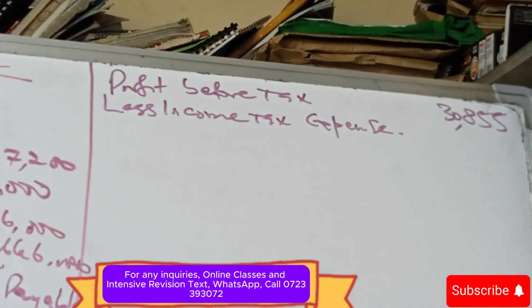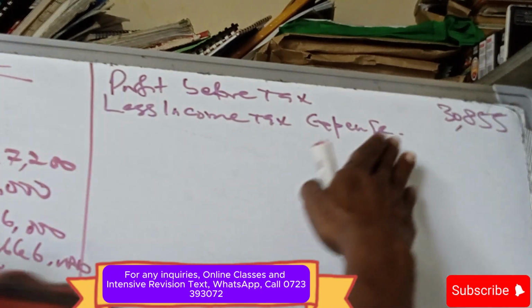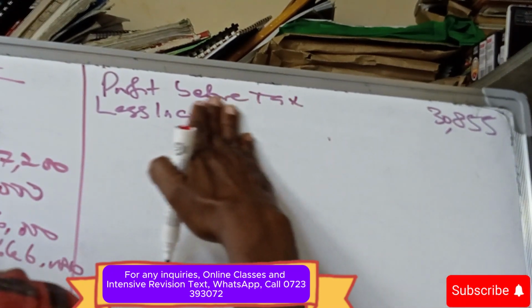If we look at our question, have we been given the tax for the year? We have not been given tax. You cannot fake what you have not been given. We have not been given income tax expense. Ordinarily, that's the format.